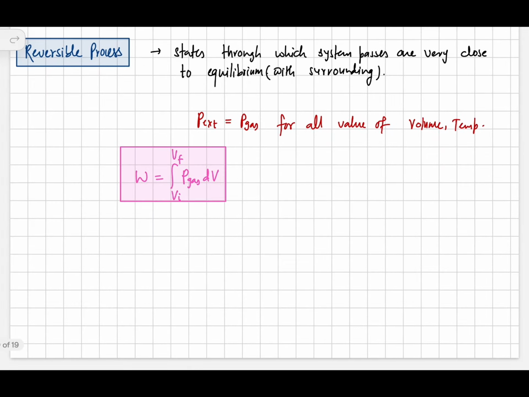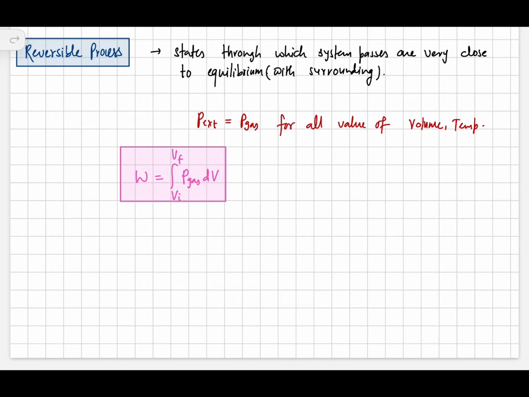Okay, so now you can see that this pressure is a property of the system, because this is the pressure of the gas. So now we have control on this pressure. This is how you will calculate the work done by the gas. Fine.